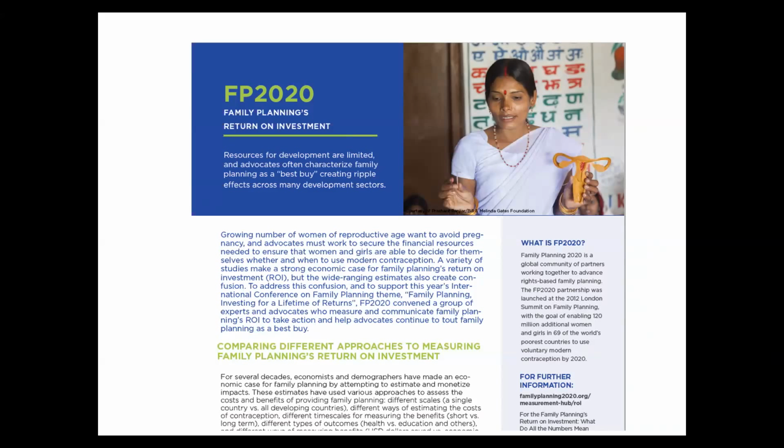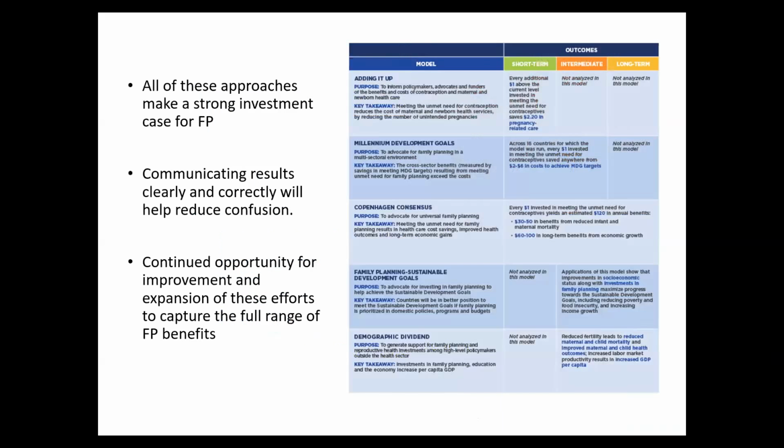Next slide, please. And we will also be providing a table which shows a comparison of these different approaches. This table will also be on the back side of that brief and provide participants in the conference with sort of a crib sheet of why are these numbers so different and what do they all mean.